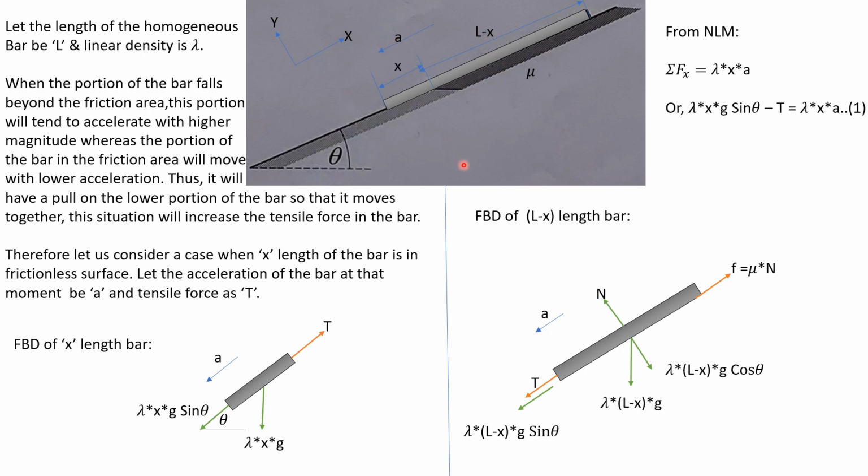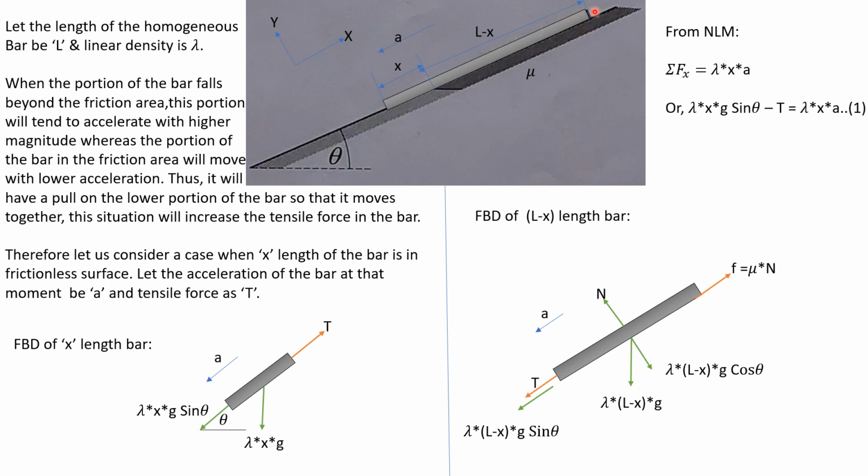Now, the question is asking in what condition the tensile force in the bar will be maximum. So we have assumed that when x length part of the bar was on the frictionless surface and L minus x length was on the friction surface, the tensile force is maximum.